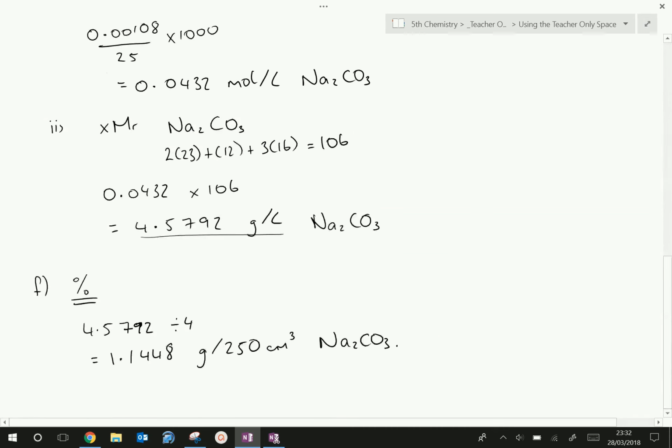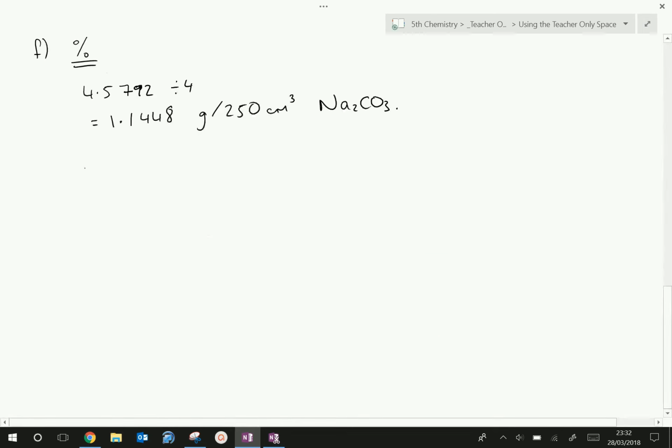So what I can use is subtraction there to find out how much water was in it. If I take 2.50 grams and take away my 1.1448 grams, that will give me how much water was in those crystals, which is 1.3552 grams of water in the crystals.